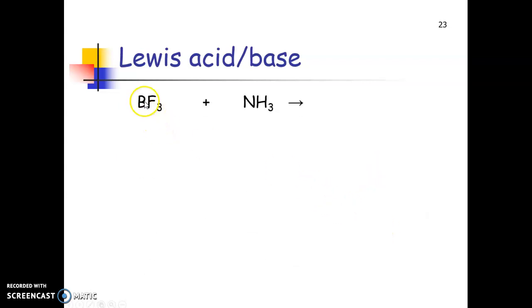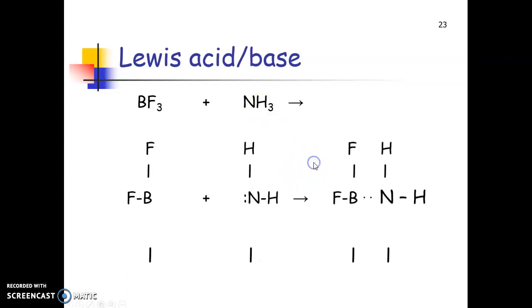Alright, so we're going to take a look at the example of BF3 and NH3. And this is a really clear-cut way to see the Lewis acid and base definition at work. So let's get all the molecules up here. So here's the BF3. This is the structure for it. See the boron with a single bond to 3 fluorines.